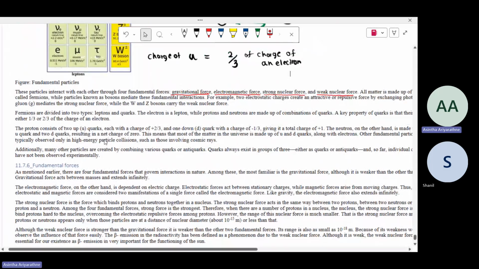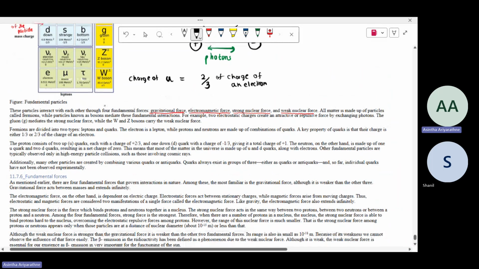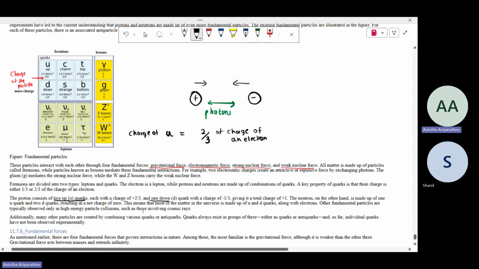You have to know that a proton consists of two up quarks and one down quark.